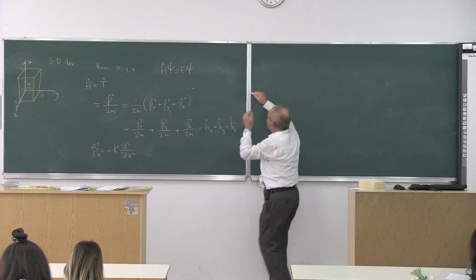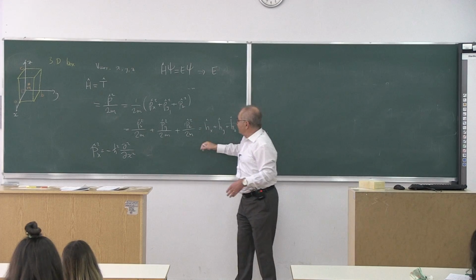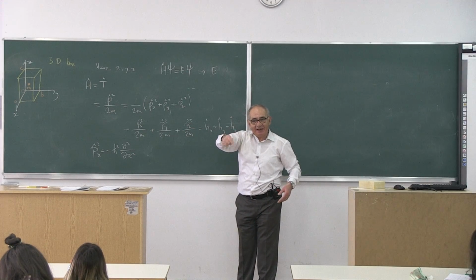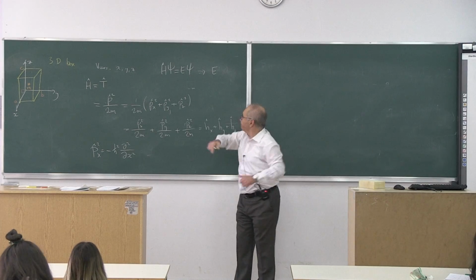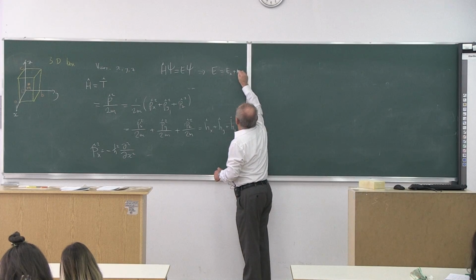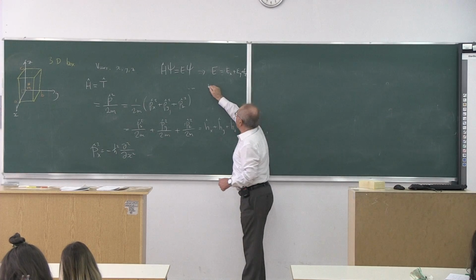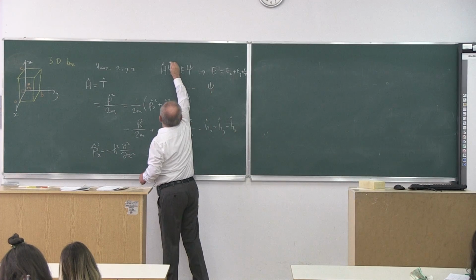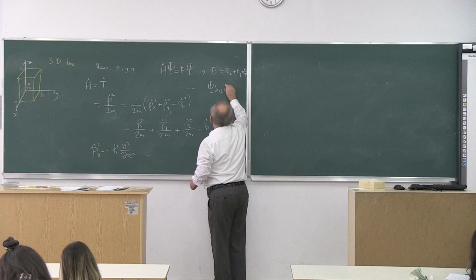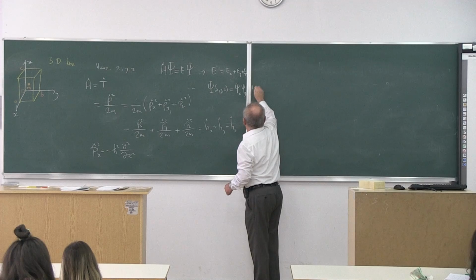So the total energy of the three fictitious particles is the energy of the real particle. So this is the sum of the energy of the x particle plus the y particle plus the z particle. And the state function is the product of psi x times psi y times psi z.